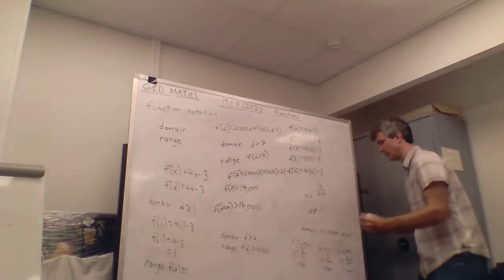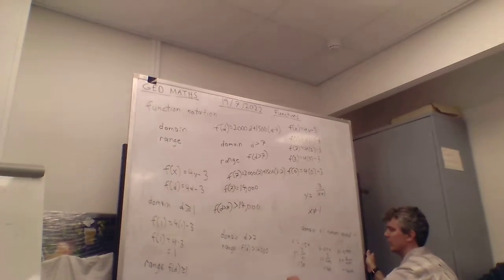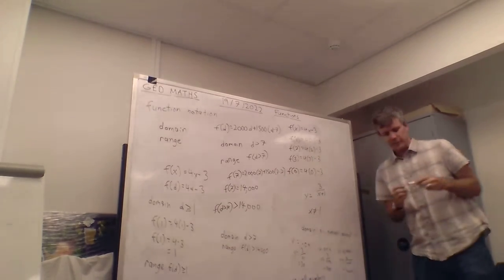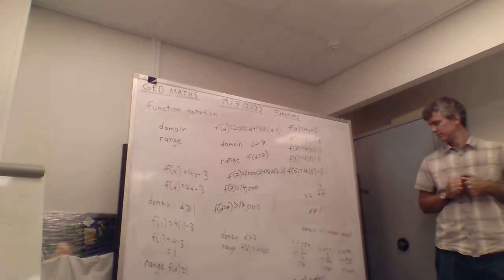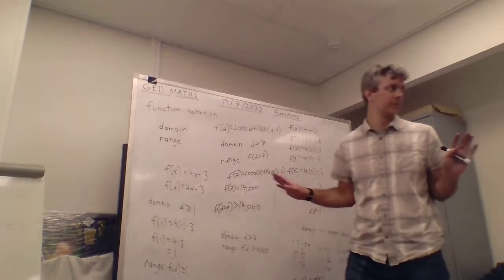So let's say the range is all numbers, because there actually isn't anything that y cannot be. So domain is all numbers except minus 1. Range is all numbers.